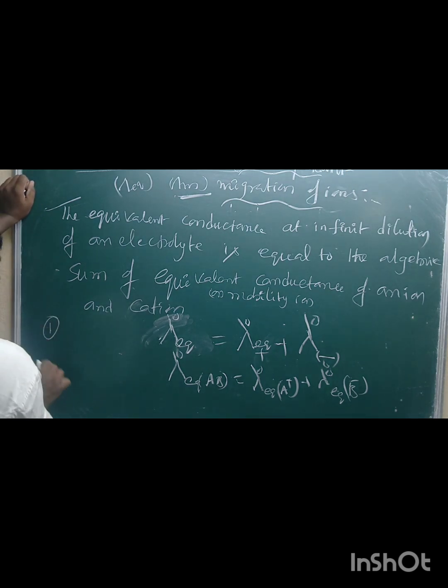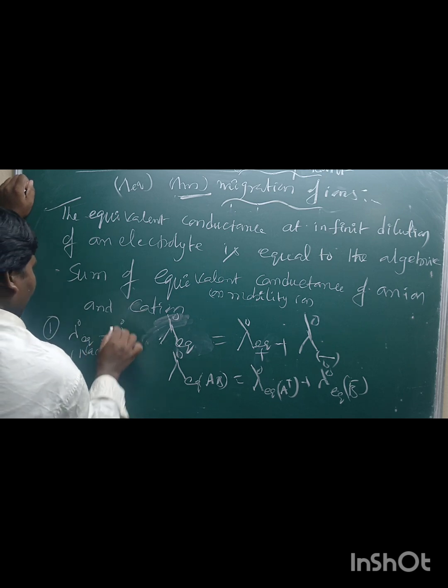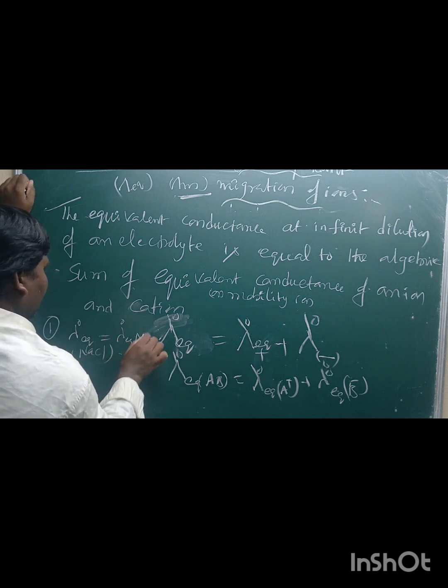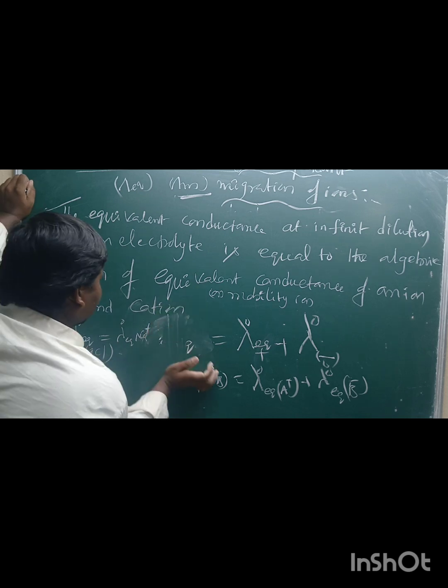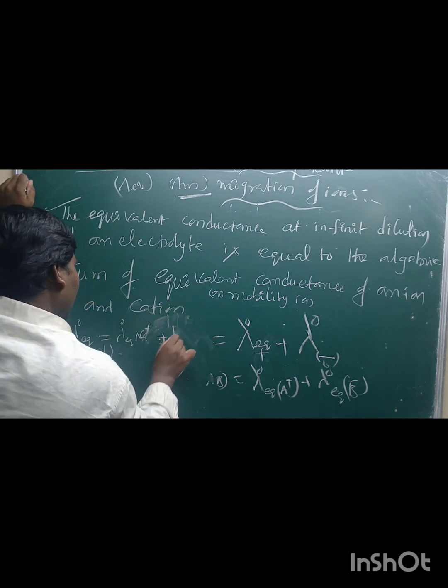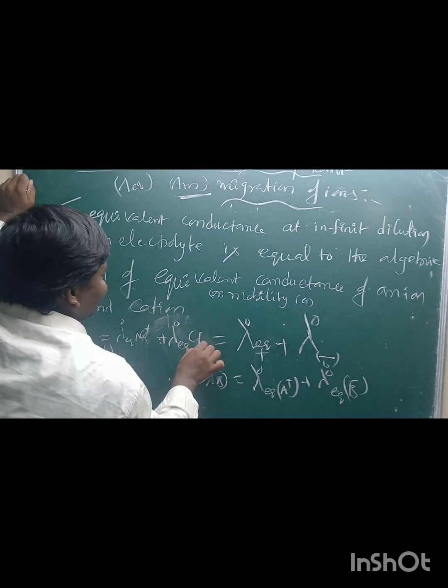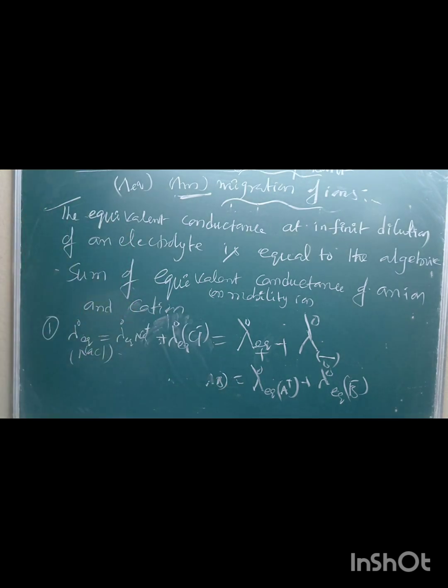If you take the first example, lambda naught EQ of NaCl is equal to lambda naught EQ Na plus plus lambda naught EQ Cl minus.